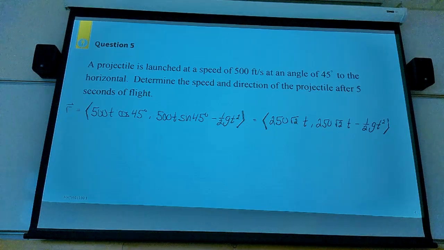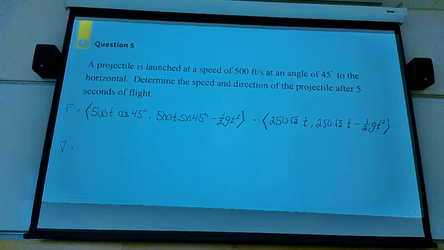We want speed and direction. Which means first, we're going to need v.